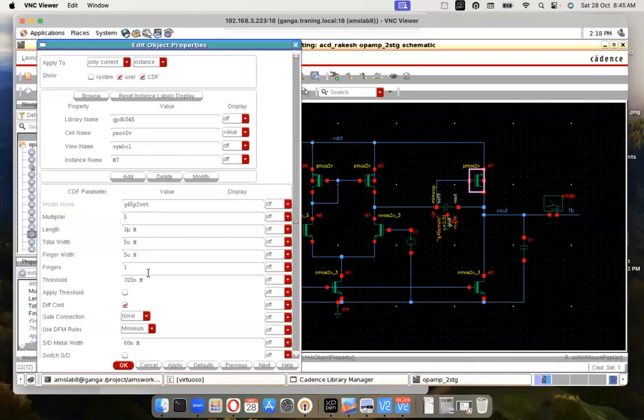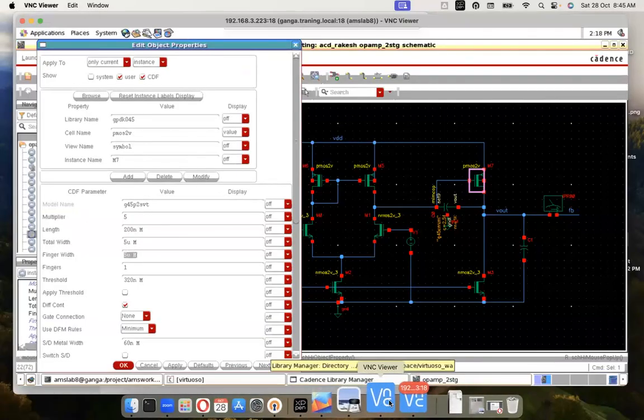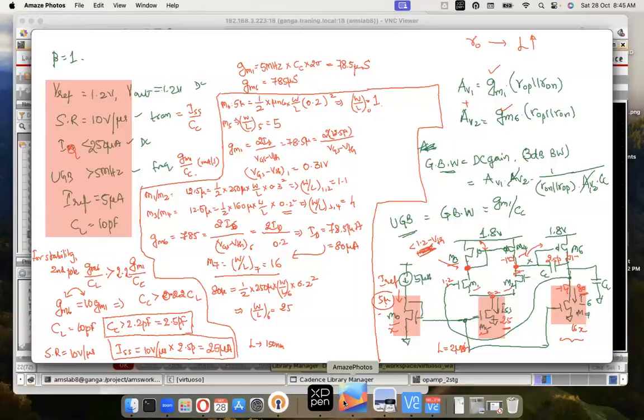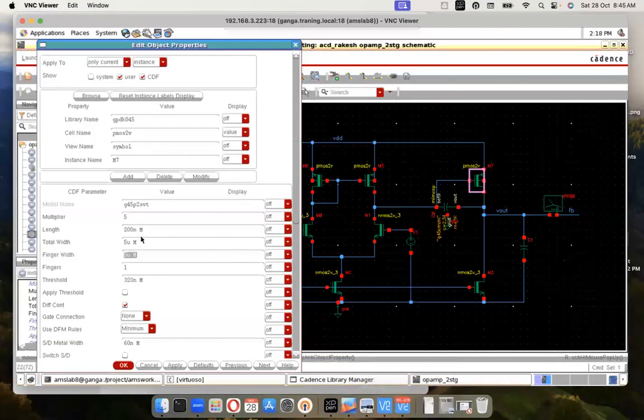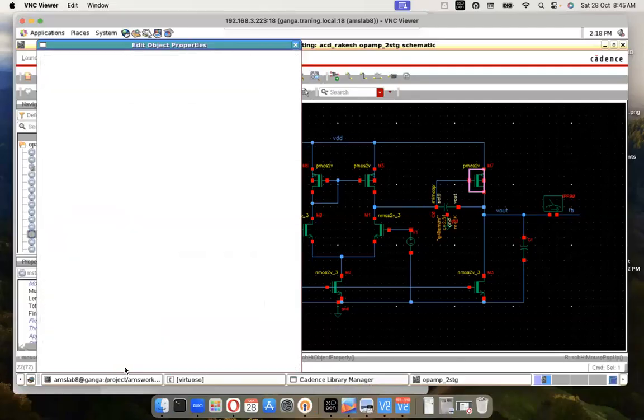It need not be. We can also have a smaller length. Let's go ahead with 200 nano. And what is our W by L there? It is 25. 200 into 25 is 5 micro. So 5 micro by 200 nano is 25.